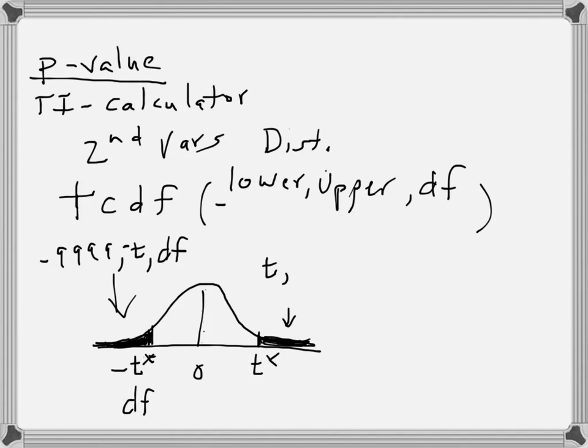Again, I'm looking essentially at the interval that I've shaded, and then 99999. A bunch of 9s, even 3 9s will do it. You know, that's plenty of standard deviations away from the mean. And then put in your degrees freedom. If it's a two-tailed test, I have to find the equivalent one tail, like I would just put in the code up there, and then multiply it by 2.